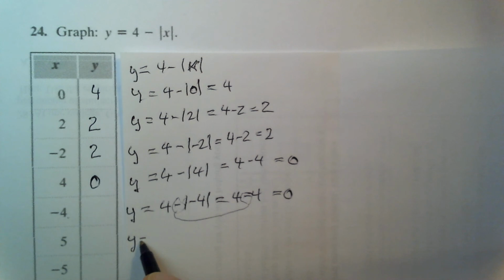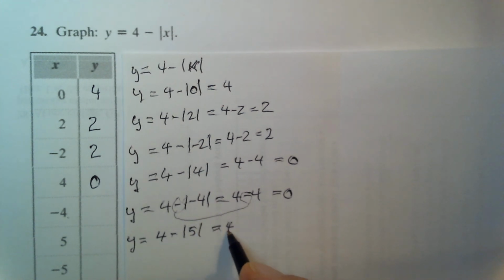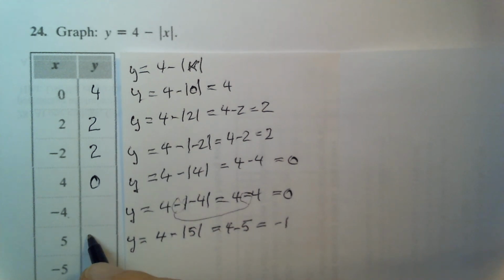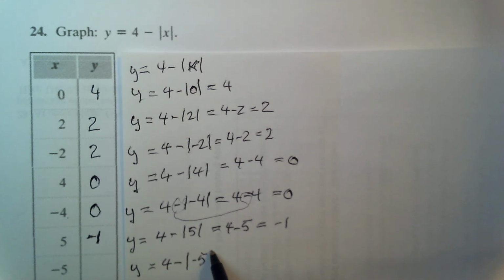Similarly, when x equals 5, we have y equals 4 minus absolute value of 5, which is 4 minus 5, and that's equal to negative 1. And when x equals negative 5, we have y equals 4 minus absolute value of negative 5.